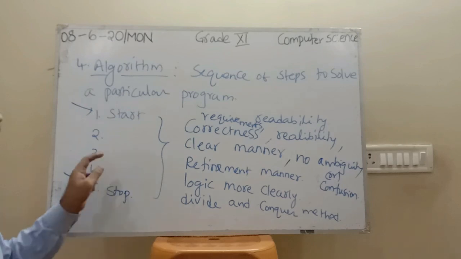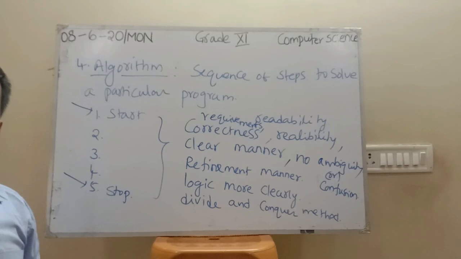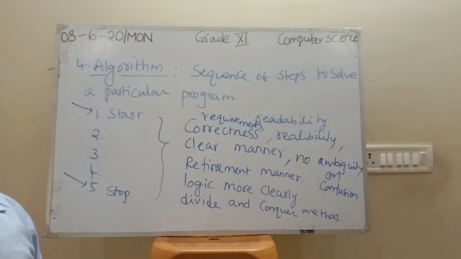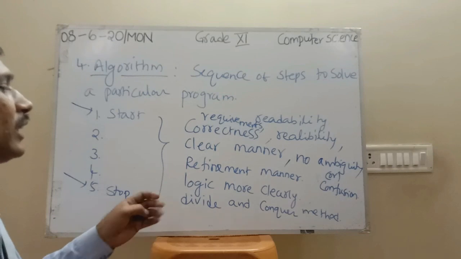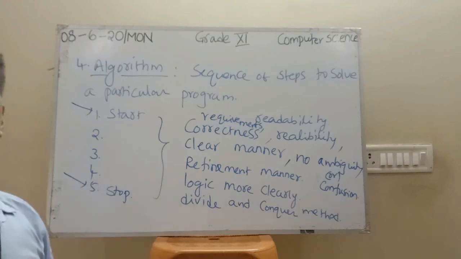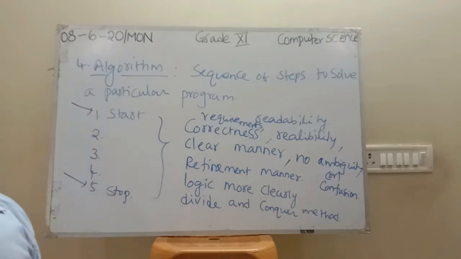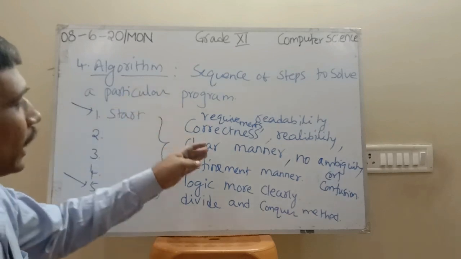Suppose any step consists of confusion, we clear all the confusion and refine that step in a clearer manner. So, logic more clearly, divide and conquer. We implement the divide and conquer methodology. These are the characteristics of CPT, computational thinking, and of algorithms.